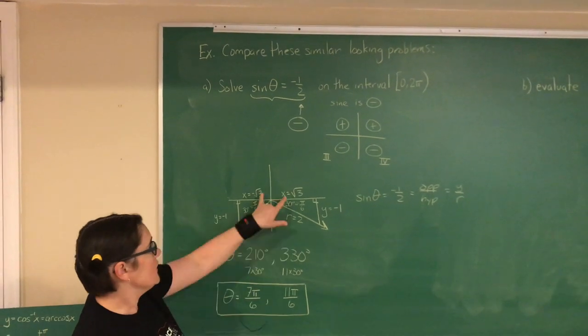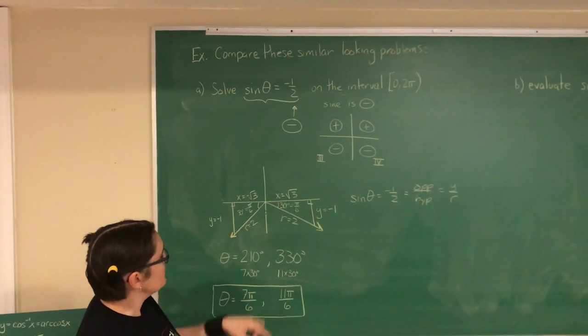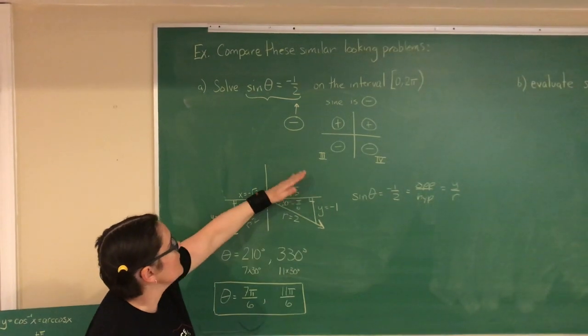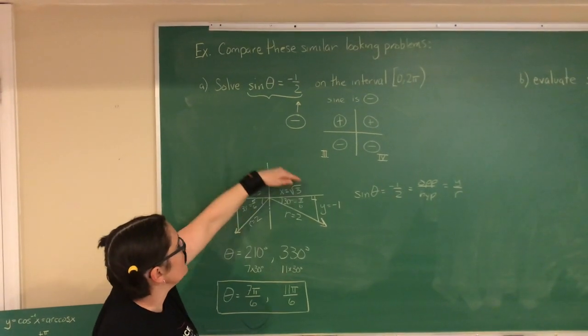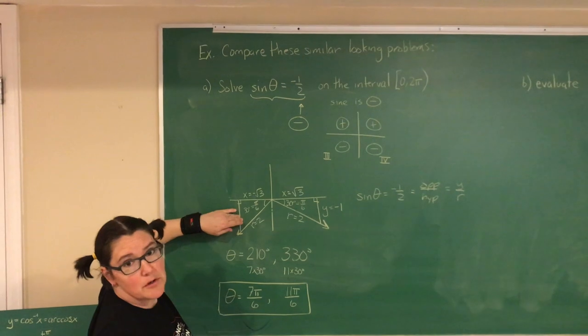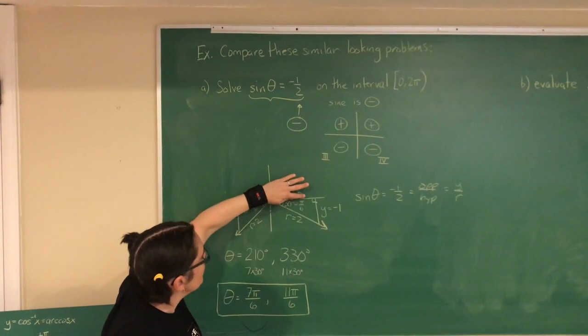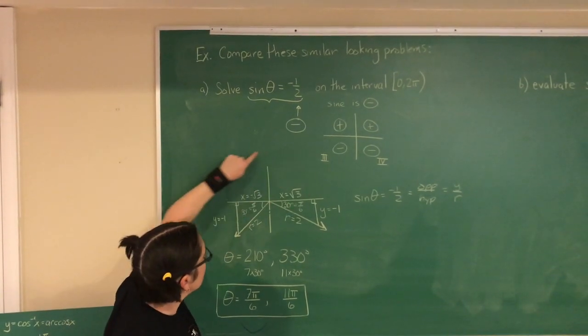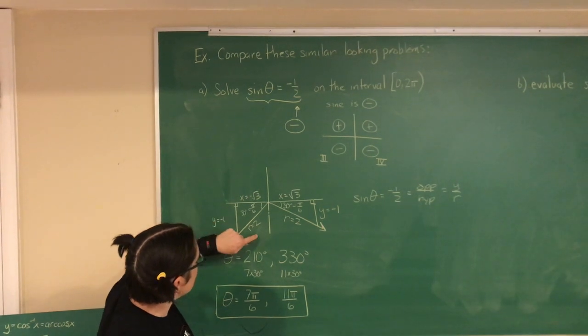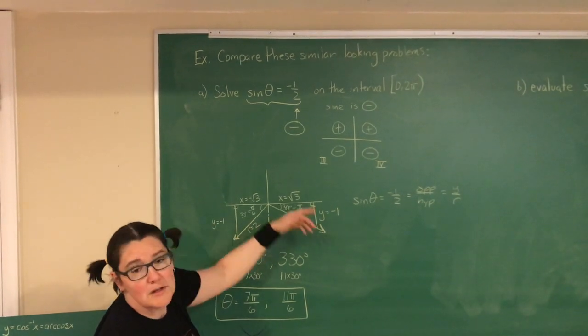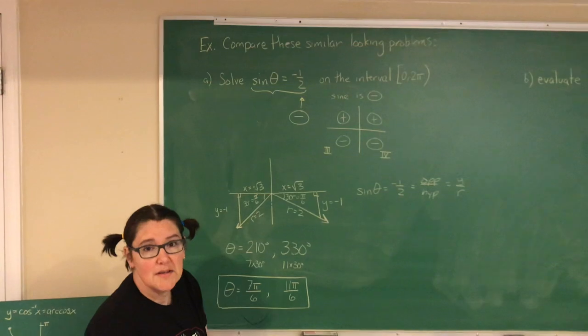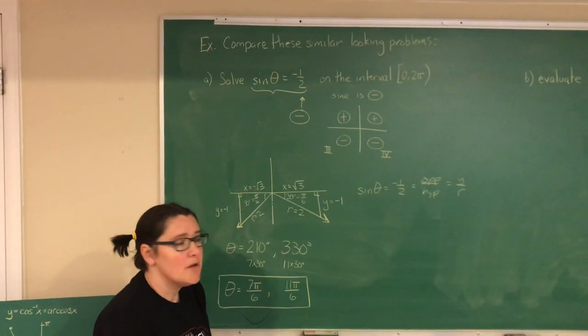Now, I could also figure out these measurements by counting blocks of pi over 6, and there would be 6 of them across the top plus one more. And then if I counted all the way around, 6, 7, 8, 9, 10, and 11, there would be 11 blocks of pi over 6 if I thought about it that way. Okay, so that's our part A.